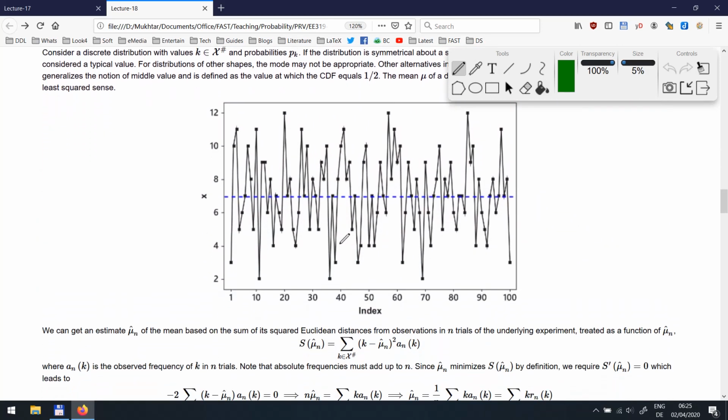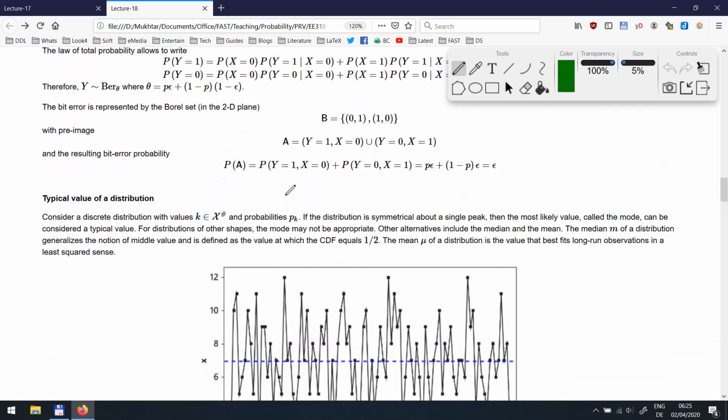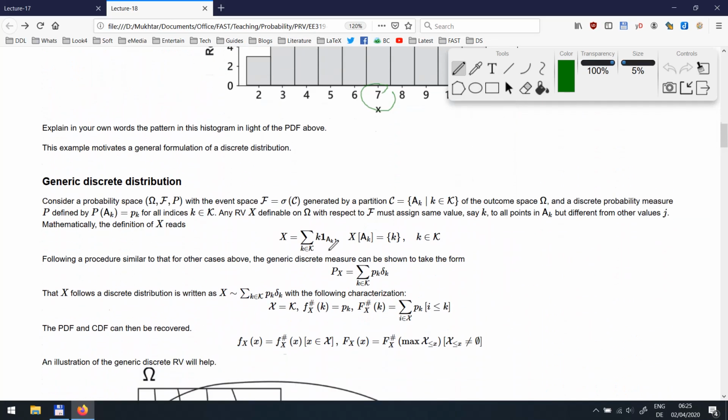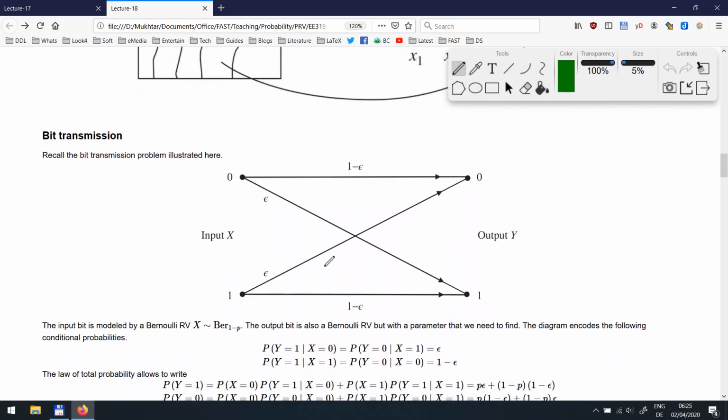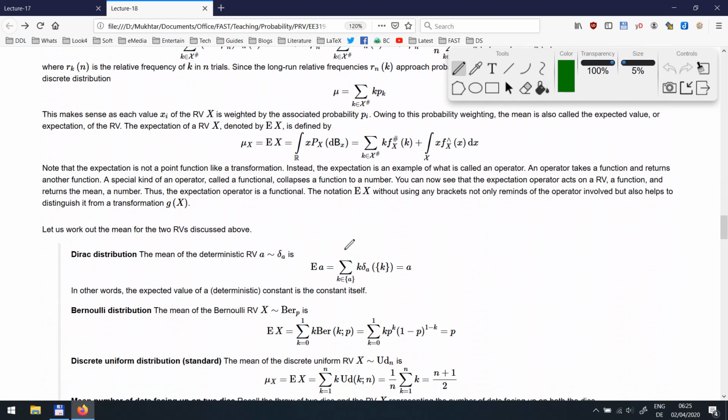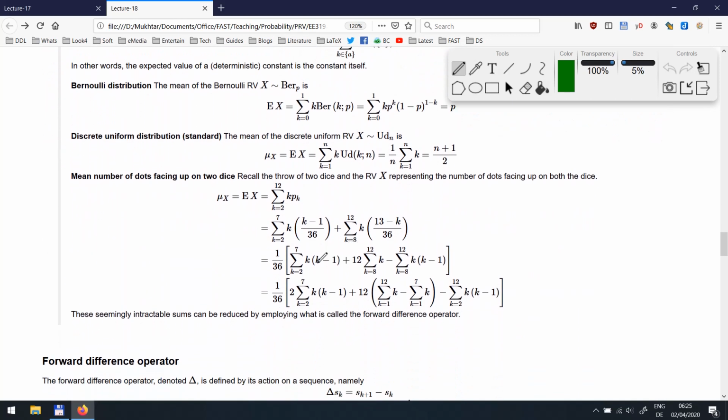You see, in fact, this is also the same data. That 7 between 6 and 8 is the mean value, and that 7 is also the mean value here.